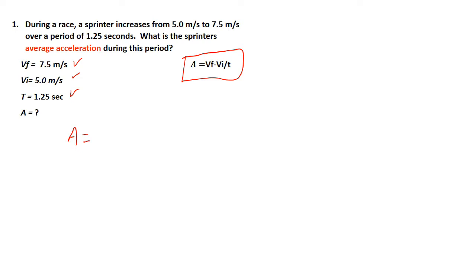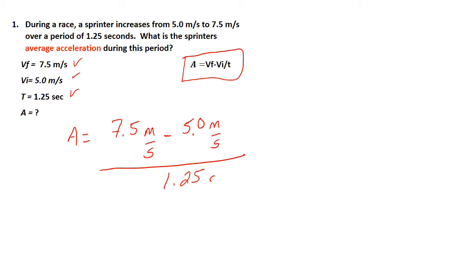So acceleration is equal to final velocity, that would be 7.5 meters per second, minus the initial velocity, which would be 5.0 meters per second, divided by the time of 1.25 seconds. Once I plug the information into my equation, I can do my math. 7.5 minus 5 would be 2.5 meters per second, divided by the time of 1.25 seconds.